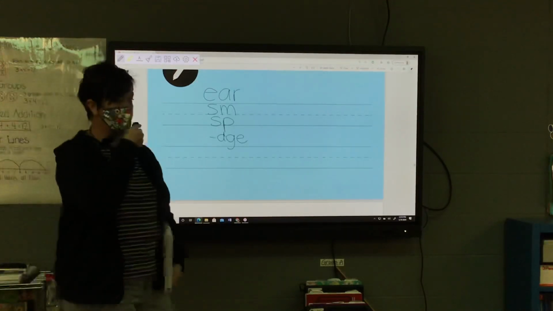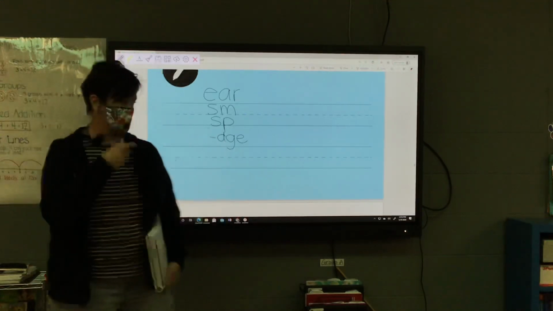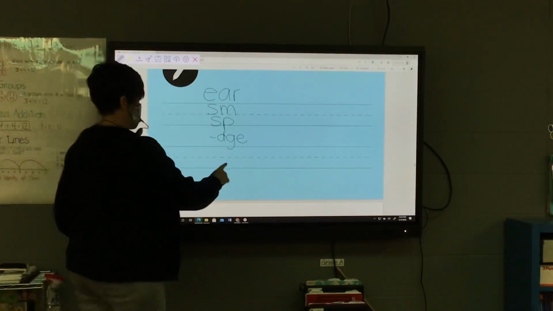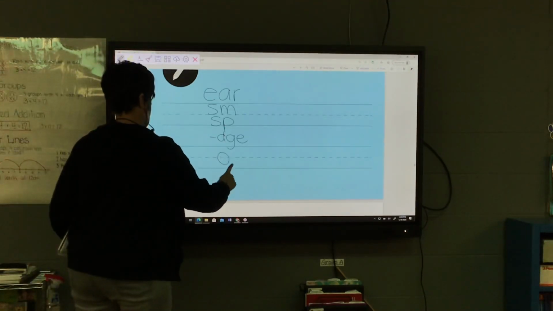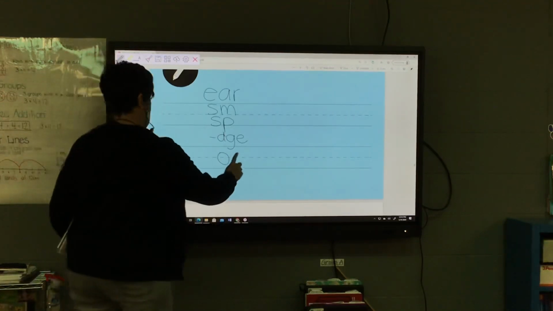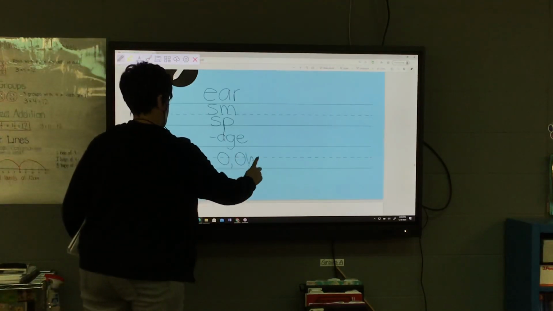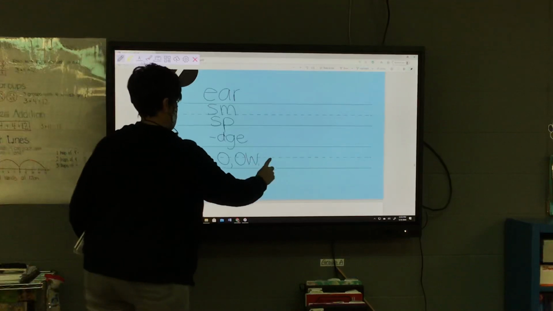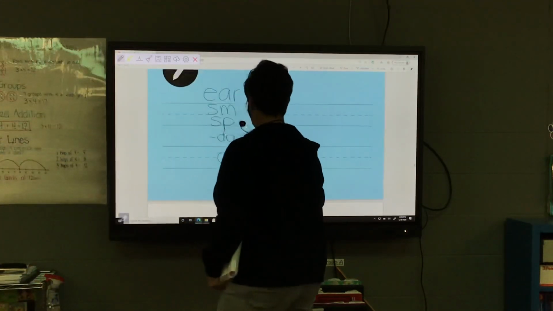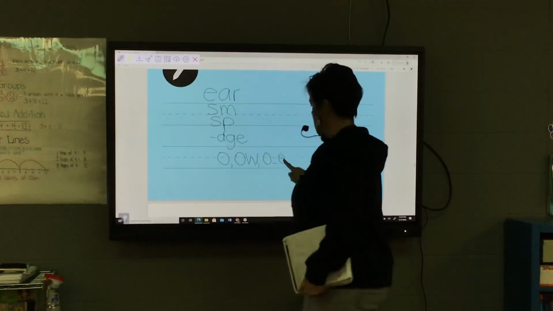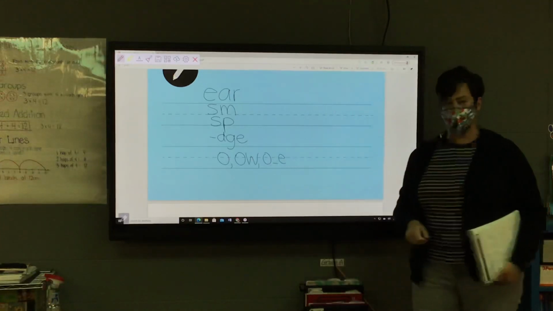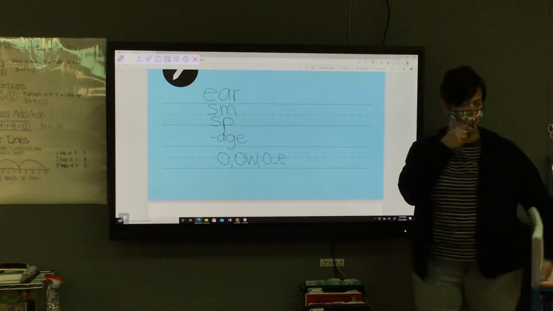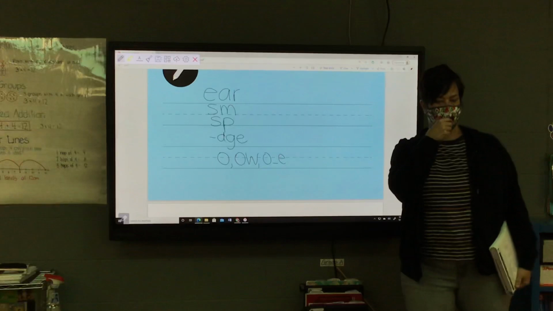Okay. Long O, four ways. So we could just do what letter? O. O. OW. O-E. O and then that vowel, consonant, silent E, yes. There's one more that we have talked about.